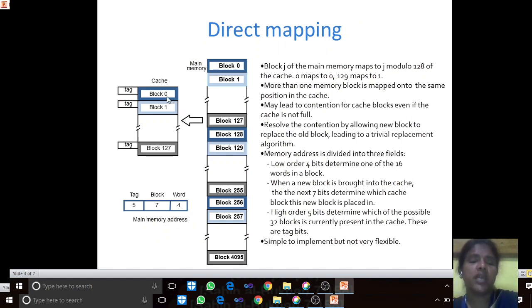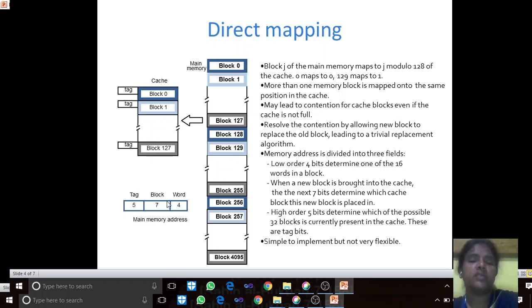So 16 can be represented by 2 power 4. Hence 4 bits are needed. The lower order 4 bits of the main memory address represent a word in the cache block. Next, for the block, 2 power 7 is 128.